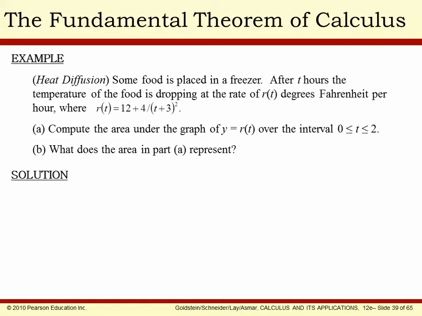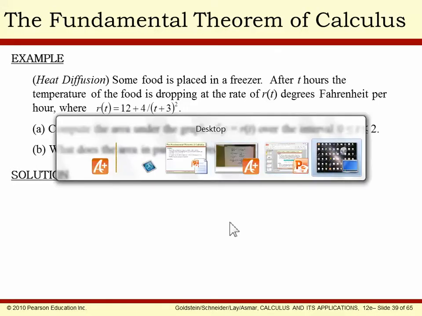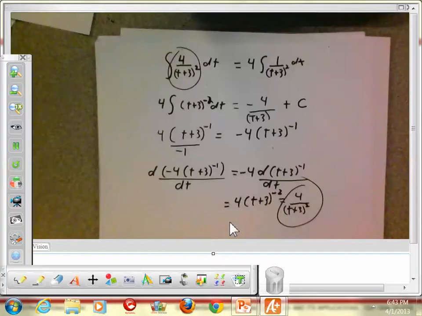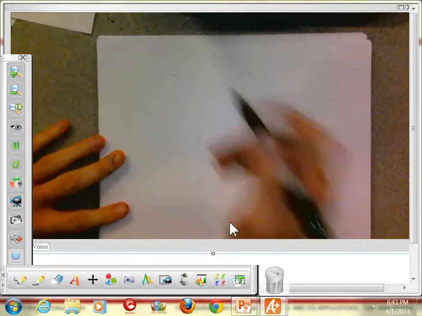So let's look at the case where R of t is a constant function. All right? So I think that's a good way to look at it. Now remember that the definite integral is defined as basically a sum of rectangles and taking the limit as the width of the rectangles goes to 0, so we fit more and more of them.